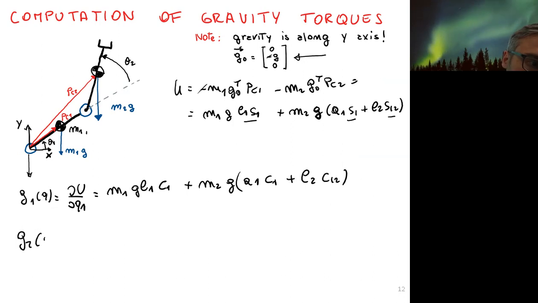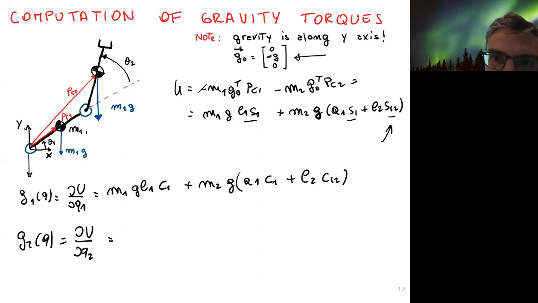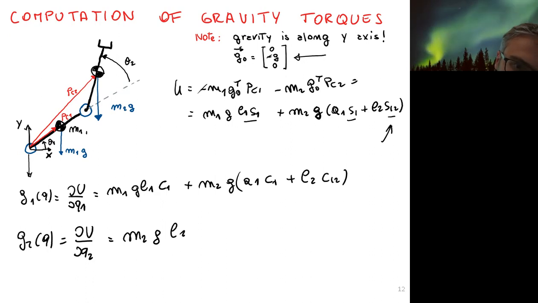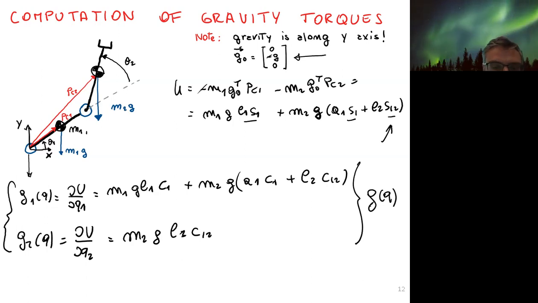The second component of the gravity vector is the partial derivative with respect to Q2, and this time Q2 only appears here, so we get M2 G L2 C12. Okay, and this is the gravity vector. Do you have any questions? Is everything clear?